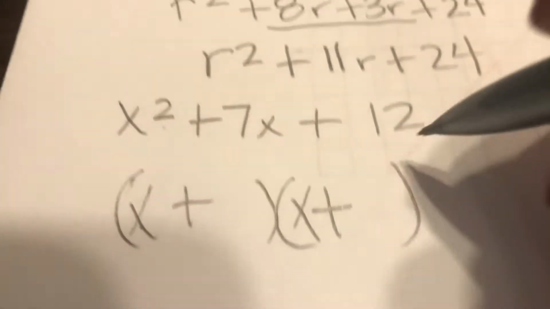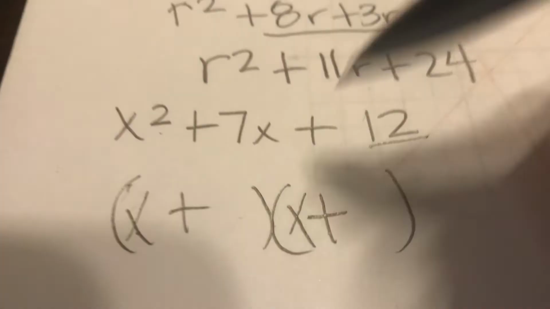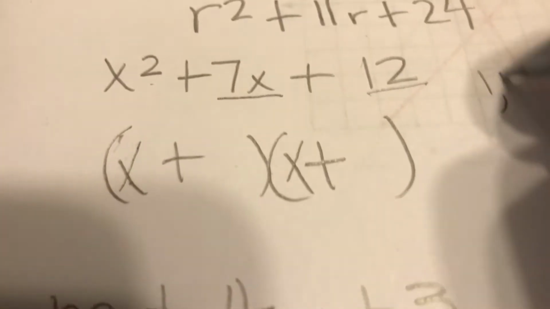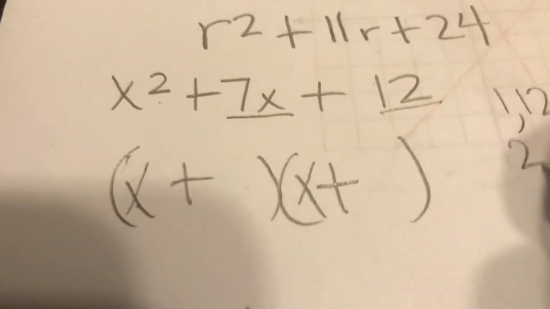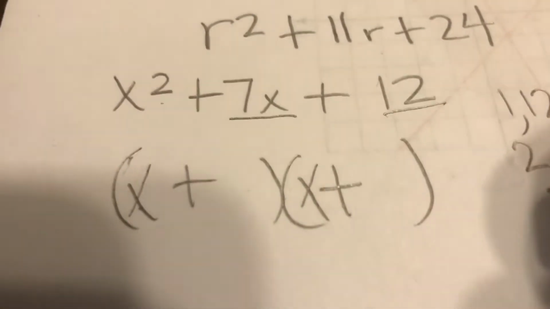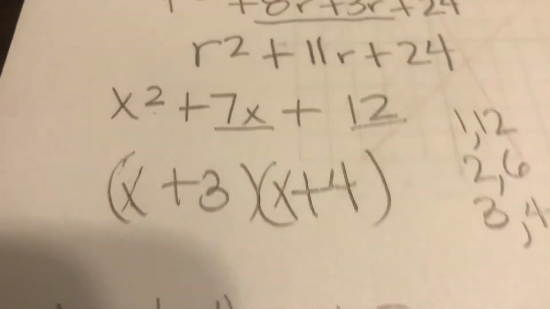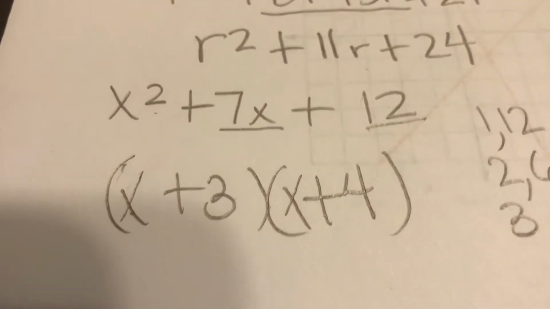Then I know my last terms had to multiply to be 12, but add up to be 7. So 1 and 12 doesn't work. 2 and 6 wouldn't give me 7, but 3 and 4 do. So this would be the quantity x plus 3 times the quantity x plus 4.